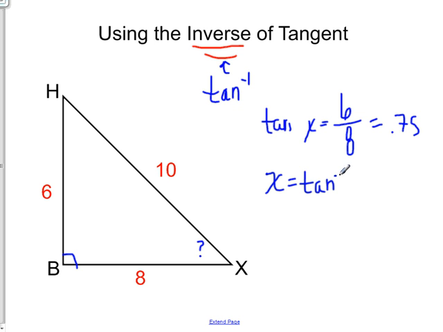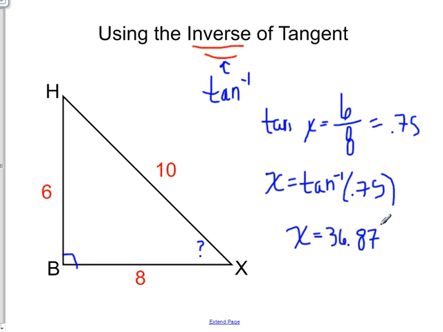Then my x is going to equal tan minus 1 of 0.75. The reason I turn it into a decimal is just to make typing it in a little easier. So I'm going to press second, the inverse of tangent, 0.75, close the parentheses, and I got 36.87.